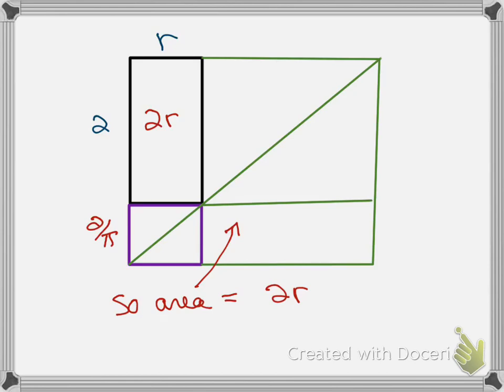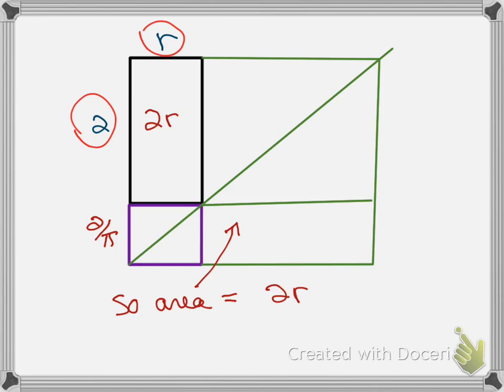Now begin by constructing a rectangle of area 2r. We do that by drawing one side of length 2 and then the other side of length r.